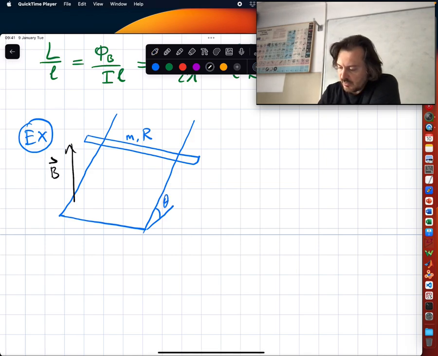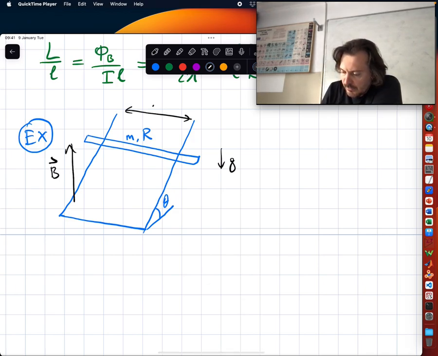We take into account gravity for this problem, and this distance is L. Do you understand the system? Maybe I should draw it with a different color. This is a rod.